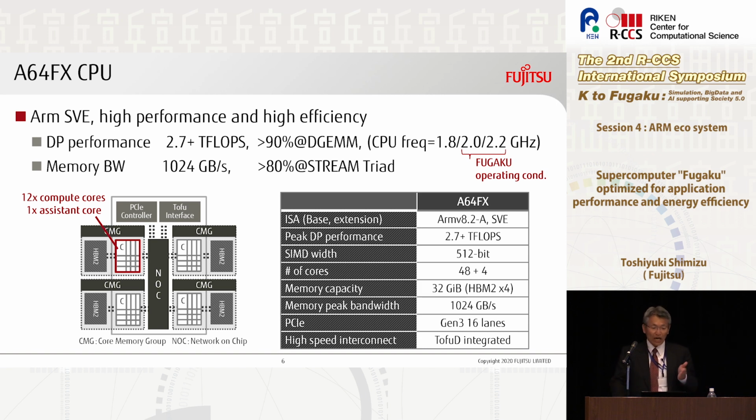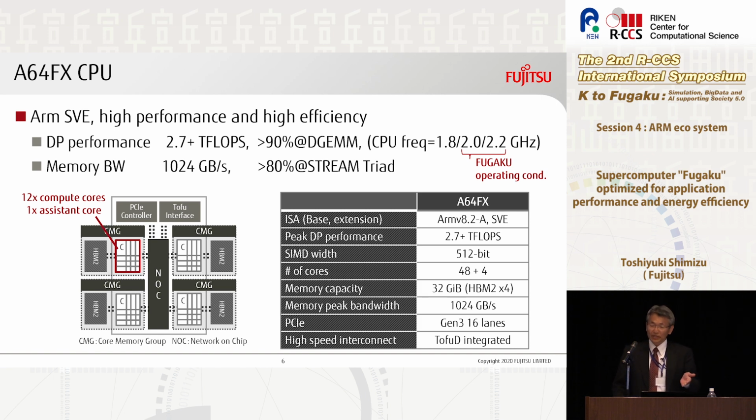We use ARM SVE, and the peak double precision floating-point performance would be 2.7 teraflops per chip. And the Fugaku CPU supports a frequency of 2.0 gigahertz, so the performance will be 3.0 teraflops per chip.